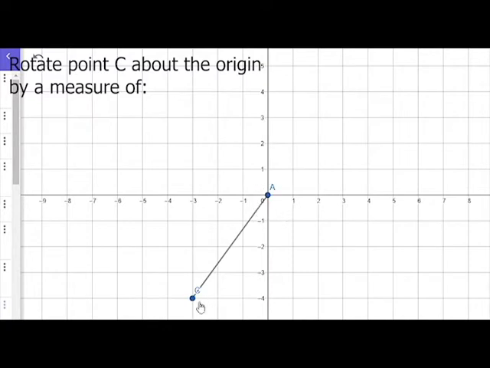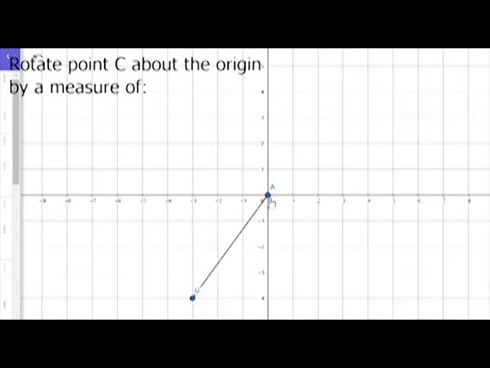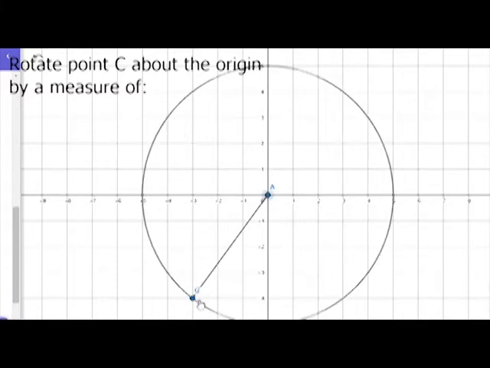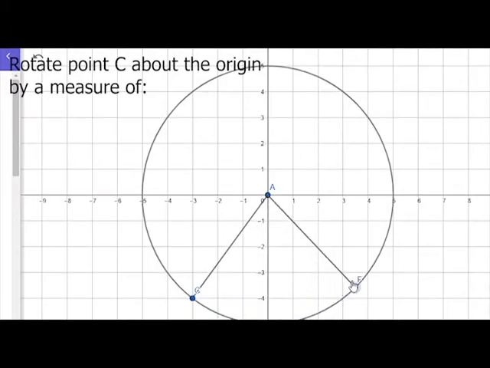Now this one's a little extra challenging because I would have a hard time telling exactly where this point is at 90 degrees. So for example, if I take this point and I try to rotate it around, I couldn't tell exactly where 90 degrees is. I could probably get pretty close, but I don't know exactly where that would be, somewhere around here.